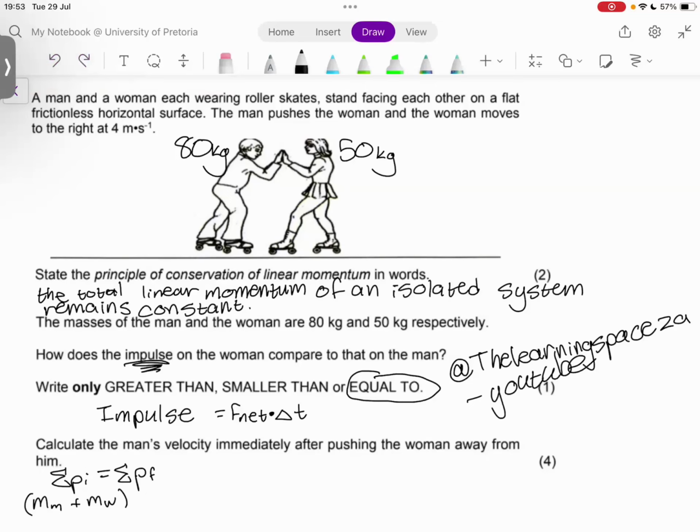And that is equal to the mass of the man times his final velocity, VFM, plus the mass of the woman multiplied by her final velocity, which is VFW.